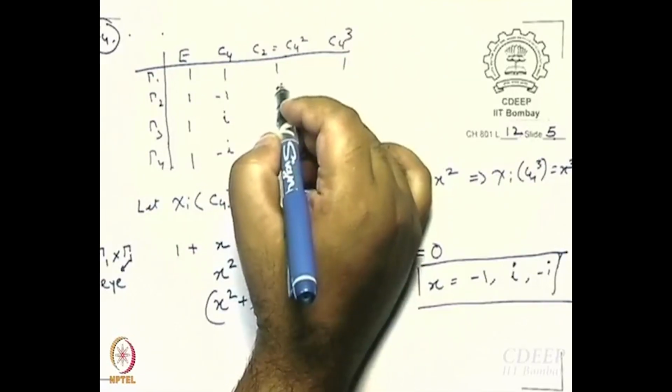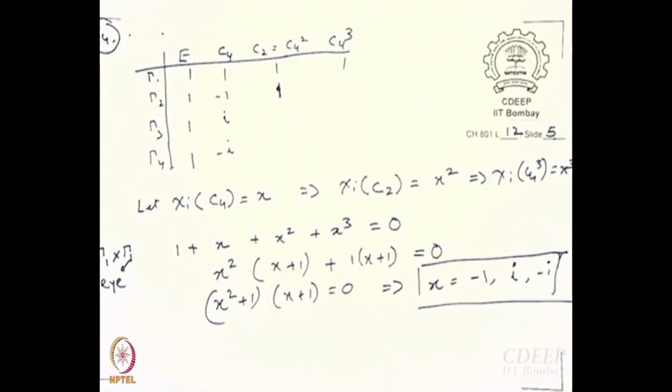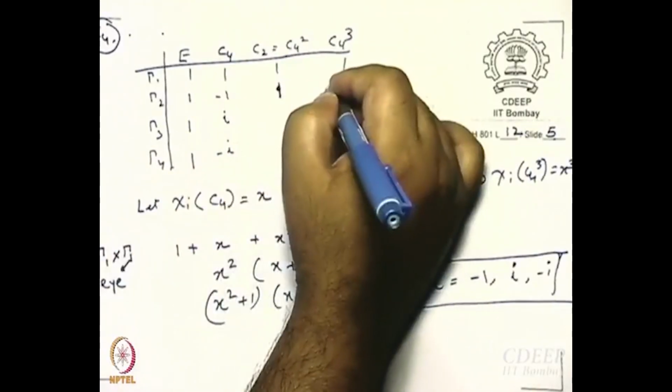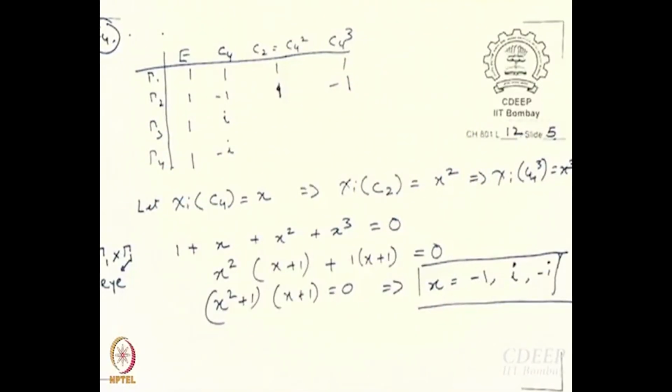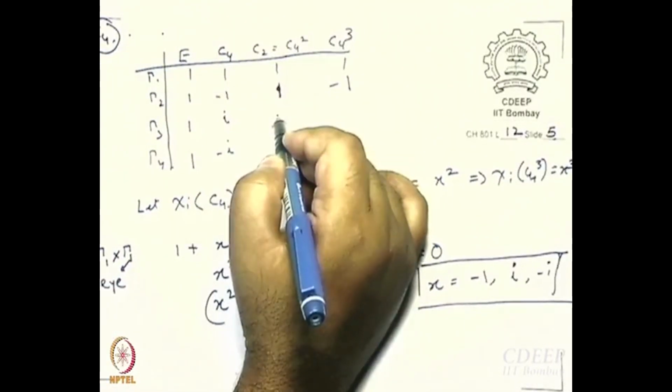Well, let us deal with 1 first. Let us write that 1. So what is C4 cube in that gamma 2? Minus 1. Achal, you with me? Understood? Sure? Okay. So then tell me what is this chi of C2?